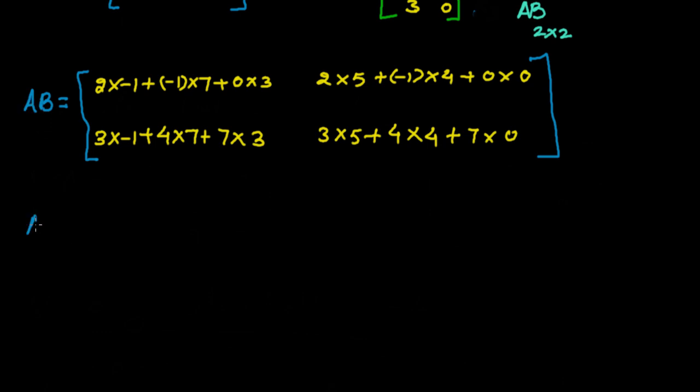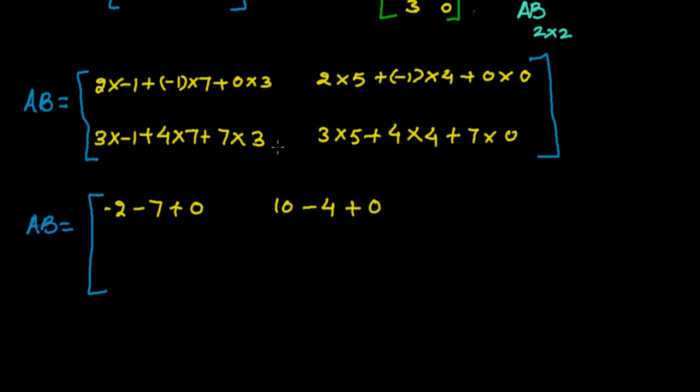AB is equal to 2 multiplied with minus 1, it is minus 2, minus 1 multiplied with 7, minus 7, 0 multiplied by 3, 0. Here 2 multiplied with 5, 10, minus 1 multiplied with 4, minus 4, and 0 with 0 we will get 0.